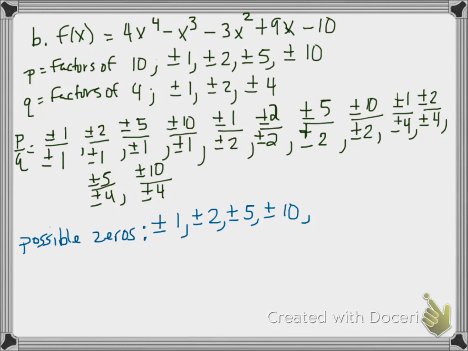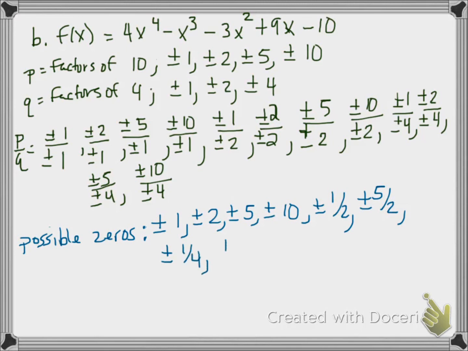But when we divide by 2, we're going to end up with fractions or with numbers repeating. The first one reduces to 1/2. 2 over 2 is 1, and we already have it up in the front, so we don't have to rewrite that one. Next is 5 over 2. Then 10 over 2 is the same thing as 5. We already have 5, so we don't rewrite that one. 1/4, we don't have that one, so we put it.